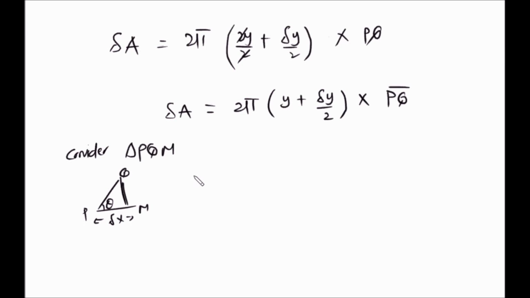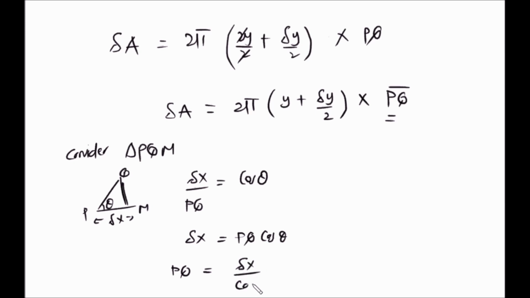Sisi tunataka tutafute PQ. So utaona kwamba delta x over PQ ni sawa na cos theta. Kwa hiyo delta x is equal to PQ times cos theta. Sisi tunatafuta PQ, kwa hiyo PQ ni sawa na delta x over cos theta.